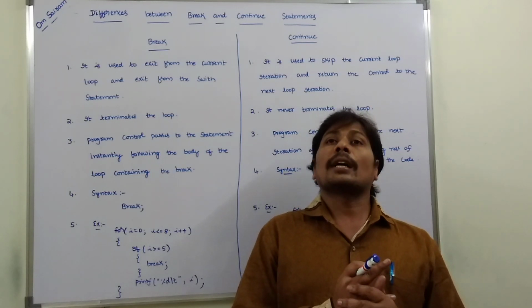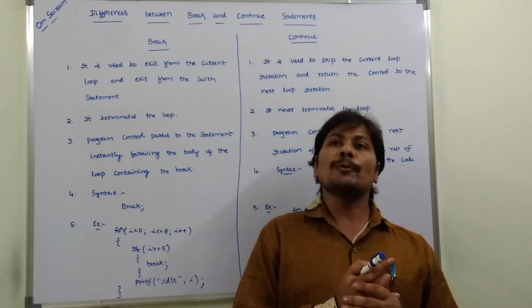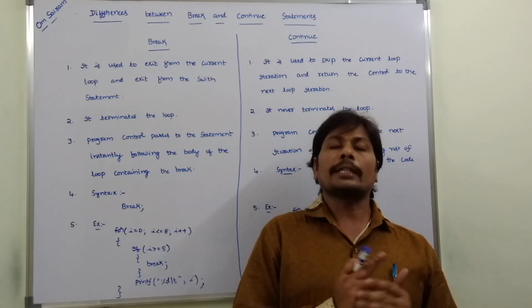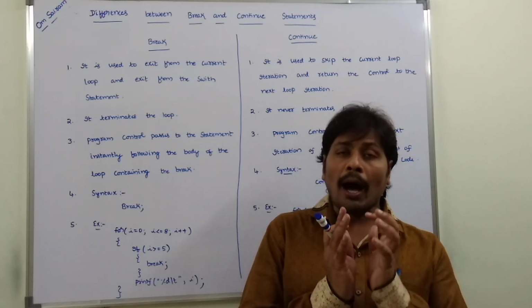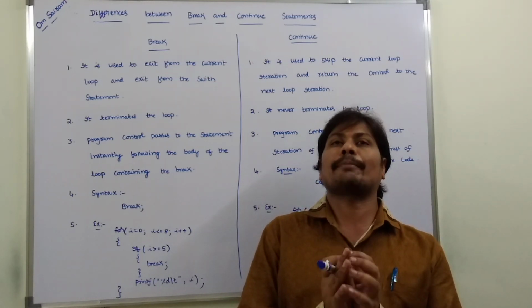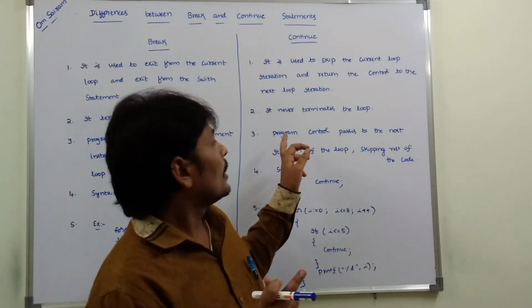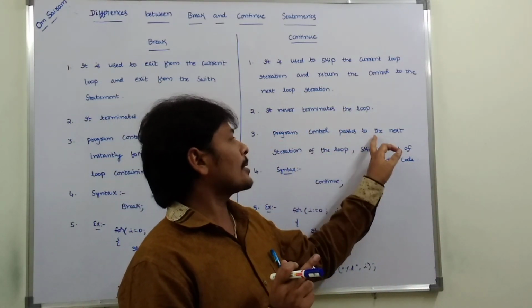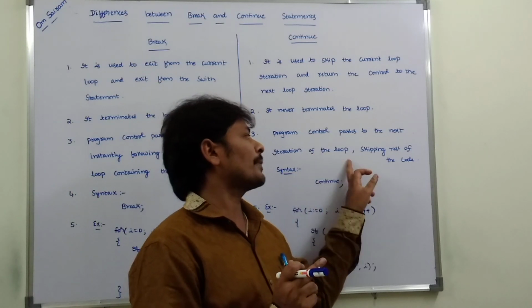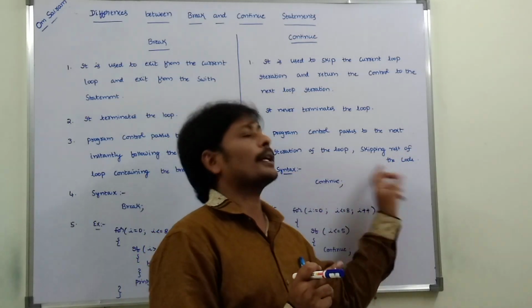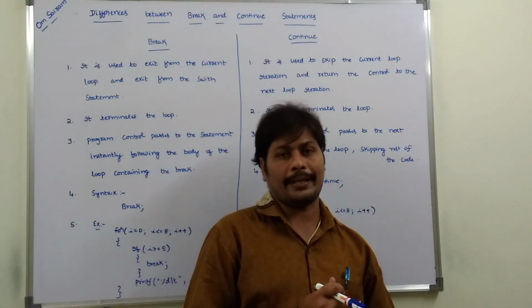Continue statement passes to the next iteration. Program control passes to the next iteration of the loop, skipping the rest of the code in the current iteration.